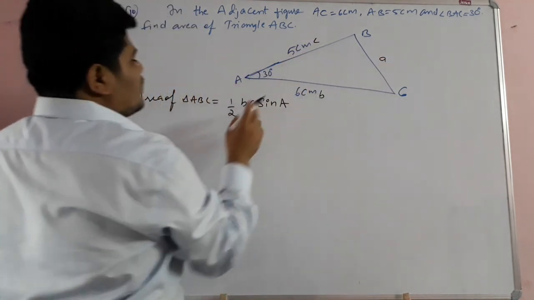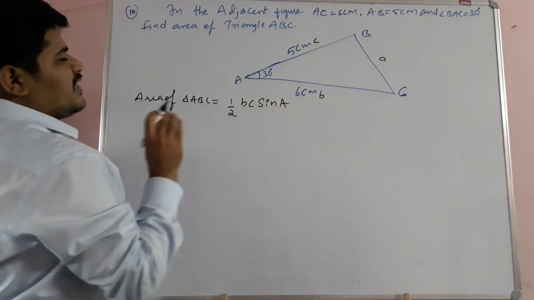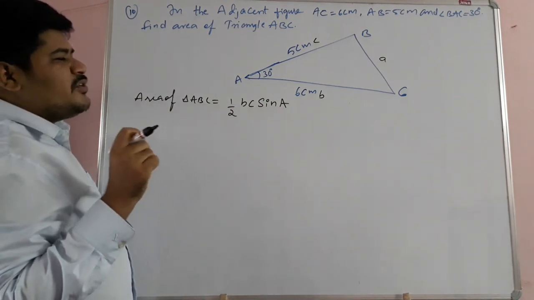But they gave the B and C values. So the formula to find the area of this triangle is half into B into C into sine A.